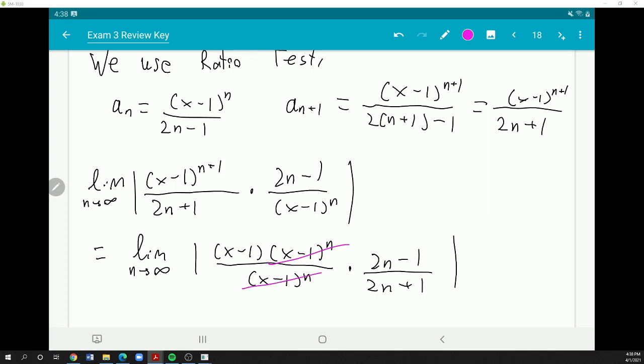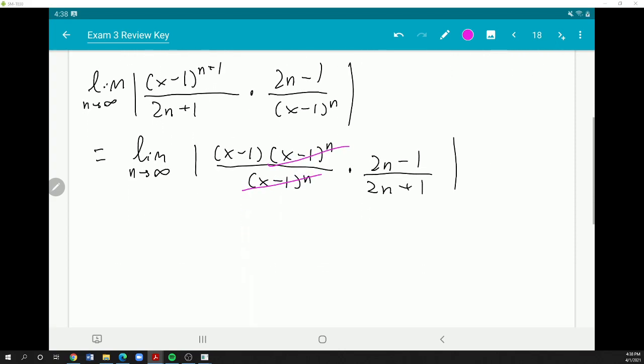So these cancel, and I'm left with the limit as n goes to infinity of x minus 1, and the limit I have circled there is equal to 1. So this is equal to the absolute value of x minus 1, which is just |x minus 1|.